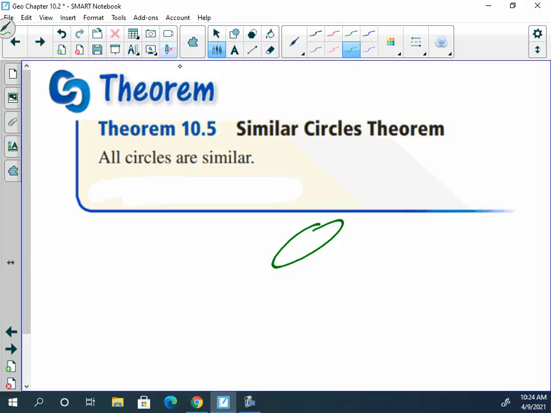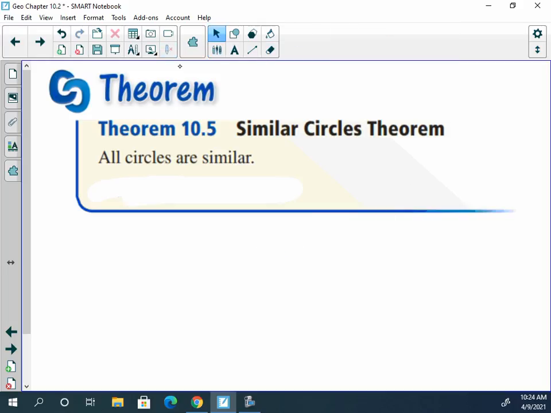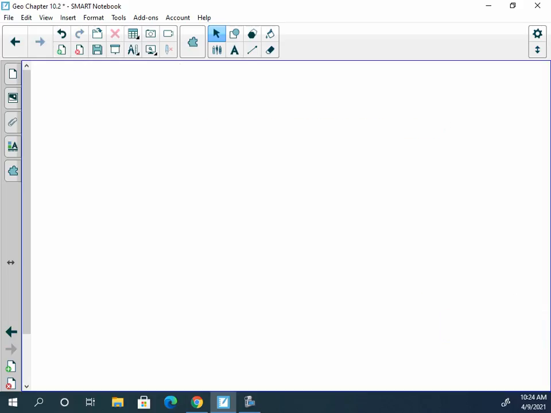Because as soon as we start changing the shape like this here, it's not a circle, it's an oval. So all circles are similar to each other.